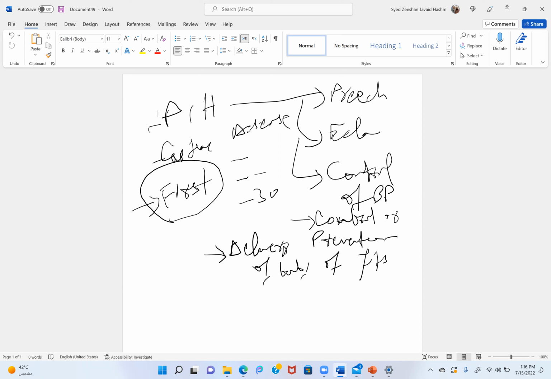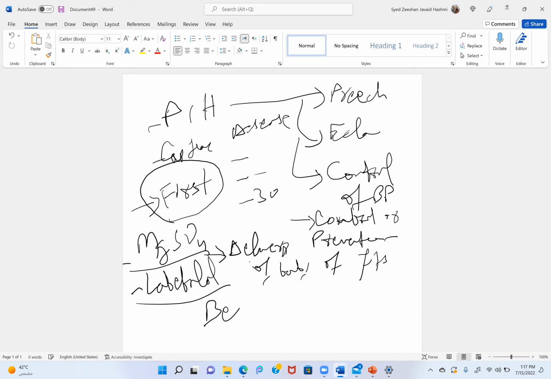In the scenario we will be able to know whether the answer is magnesium sulfate or labetalol. And if they ask you what is the best management or definitive management, the answer is delivery of the baby, because PIH cannot be settled till the baby is delivered. This is how you will be able to differentiate.